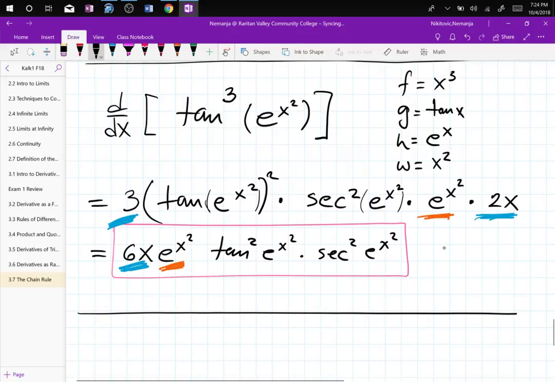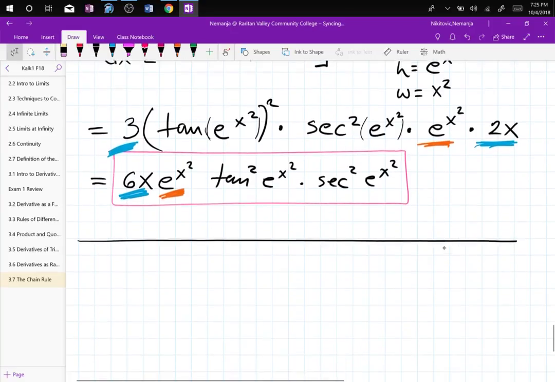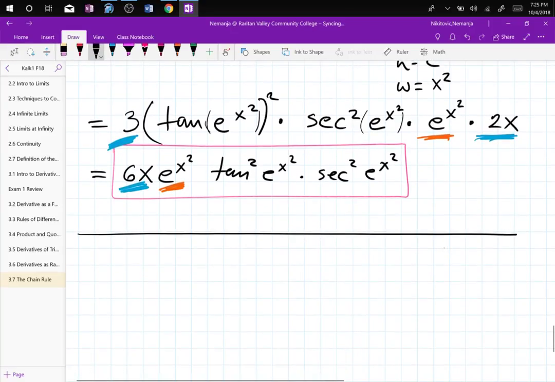What dictates the placement of e to the x versus x squared? If the parentheses were one more in, and it was over parentheses e to the x. Yes, very good. So this is the question. What is the difference between e to the x, squared, and e to the x squared?